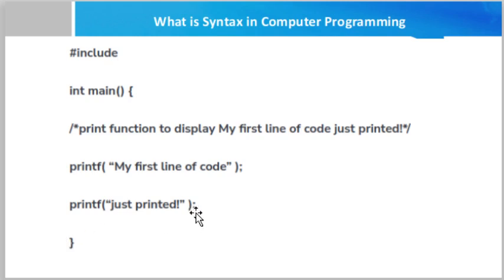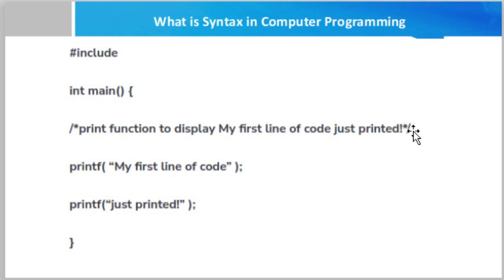If I don't put the semicolon here, syntax error. If I don't use the double quotation here, syntax error. If I don't put these two brackets here, syntax error. If I don't close the star with the slash here, again you will see the error.